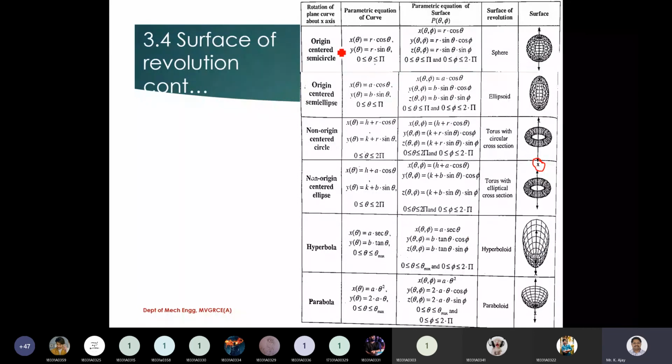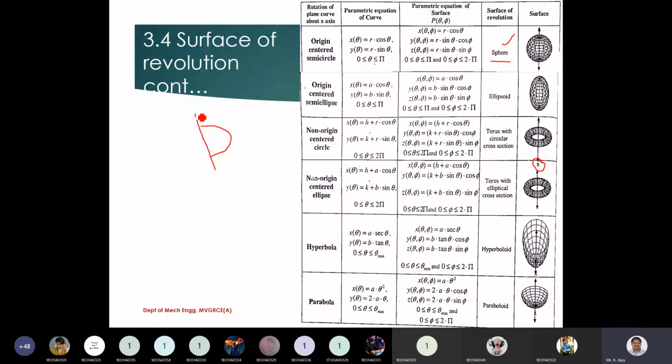For example, if you want to generate a spherical surface, what I need to do is take a semicircle and rotate it about a diameter.